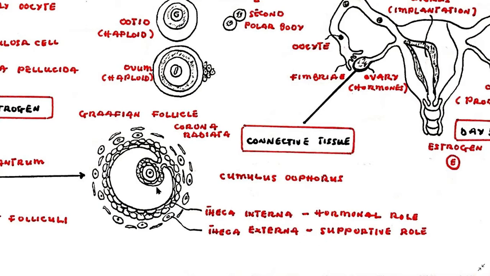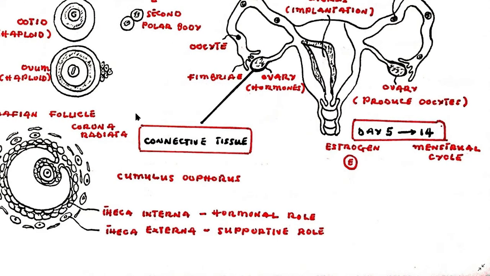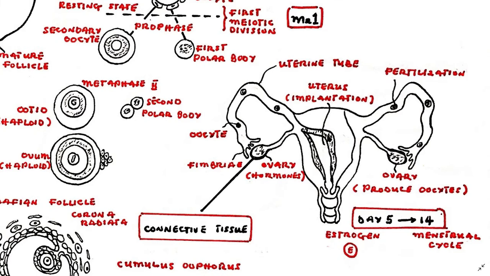This follicle is now a mature vesicular follicle, also known as a Graafian follicle. The thecal and granulosa cells of the developing follicles produce estrogens that cause the thickening of the endometrial lining of the uterus, as well as other preparations necessary for receiving a fertilized oocyte.